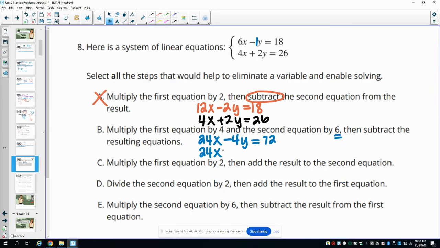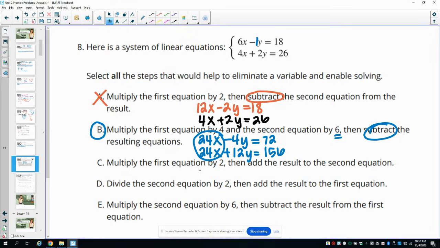So we'd have 24x. 2y times 6 is positive 12y. And then 26 times 6 is 156. And then they ask us to subtract. And subtracting would be good because we have the same number in front of our x's. So this one would be good.